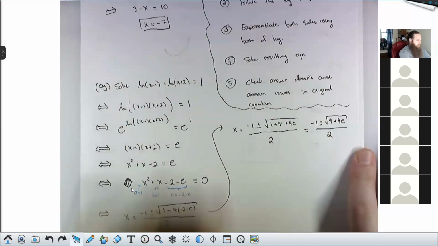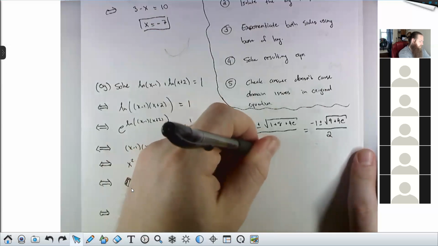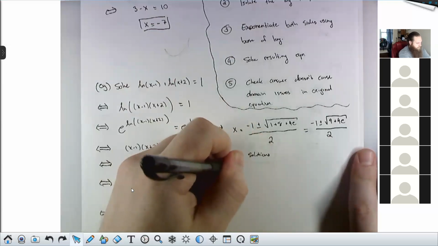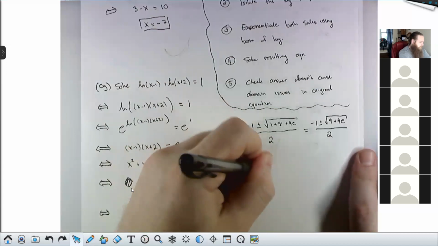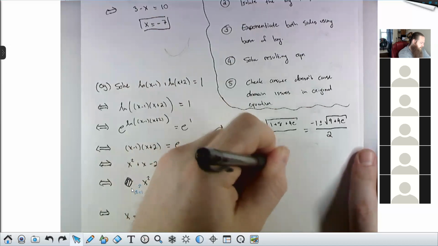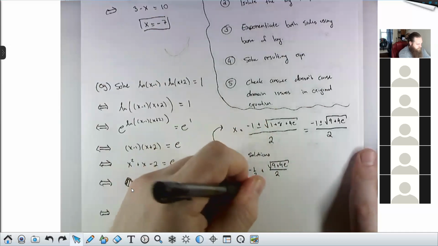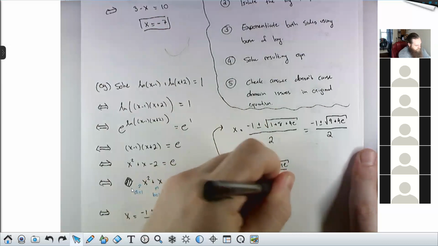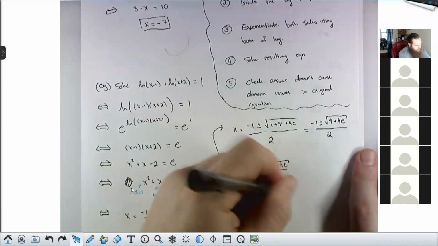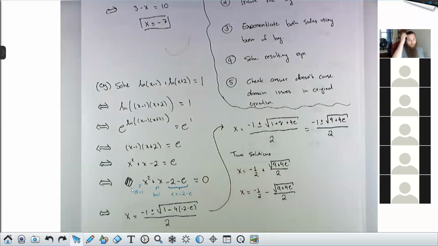So you've got two solutions here. One of them is x equals negative 1/2 plus the square root of 9 plus 4e over 2. And the other one is x equals negative 1/2 minus the square root of 9 plus 4e over 2. Fairly intimidating things.